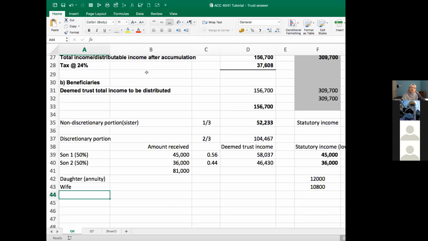So you are required to compute total income of the trust, statutory income of the beneficiaries, and tax liability of the trust, George and Joanne. So in this case, it goes further, because they ask you for the computation of the tax liability. The trust, you know, is taxed at 24%. George, remember that George is a non-resident person.